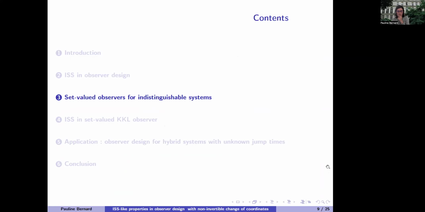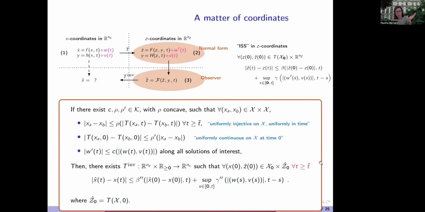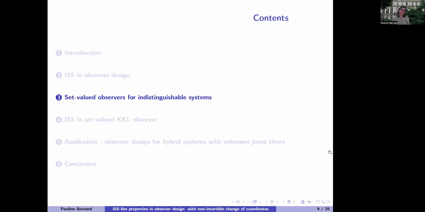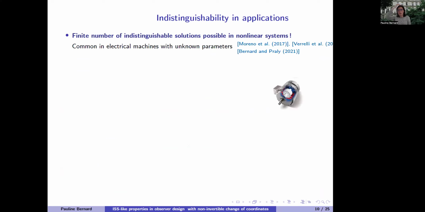Right. So this was to tell you some thoughts about how to guarantee ISS properties in observer design when you have a change of coordinates. And now I would like to tell you more about, as I was saying before, a more original context where you try to build an observer for a system that is actually not observable or not distinguishable. So why do we do this? Where can we find indistinguishability in applications?